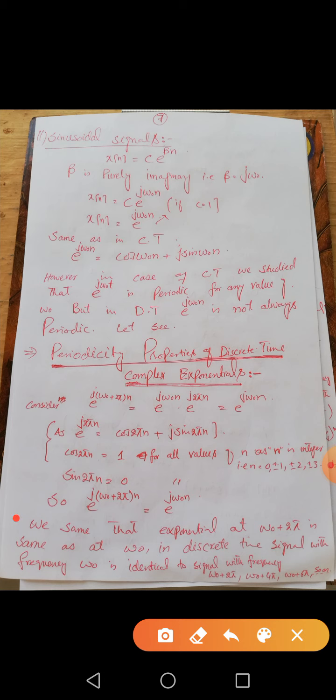So we can conclude that we have the same exponential at omega naught plus 2 pi as at omega naught.